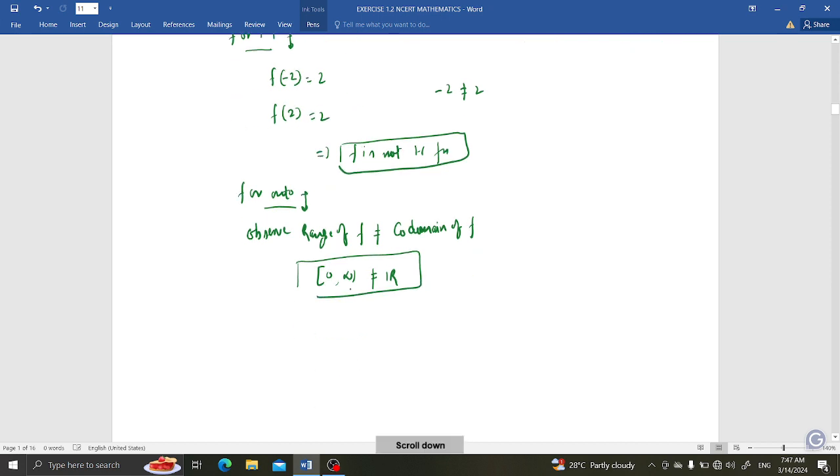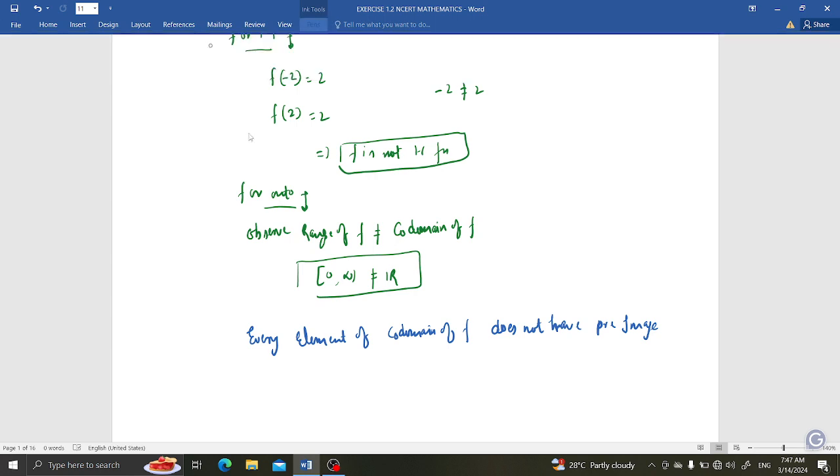Understand? Or moreover, we can say that every element of the codomain of f does not have a preimage, like all the negative real numbers do not have a preimage. So it implies that f is not an onto function.